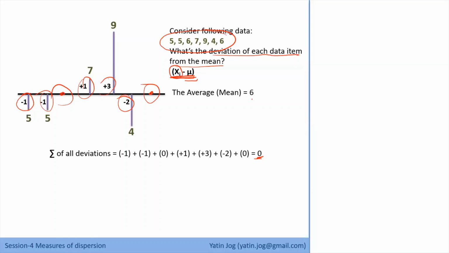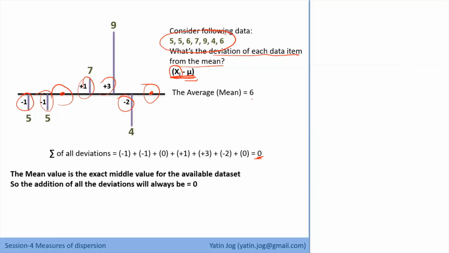That is the definition of the mean. So the mean value is the exact middle value for all the available data. The addition of all the deviations from the mean has to be always 0, so we cannot just add all the deviations to calculate the total deviation.